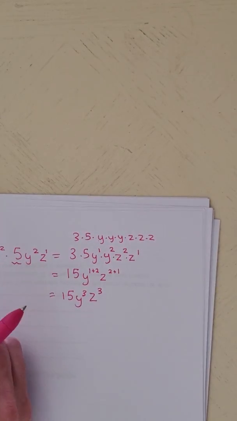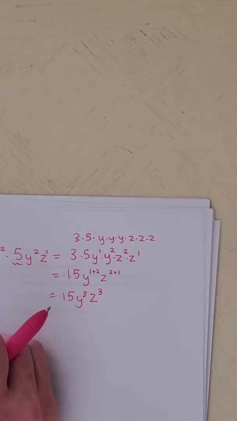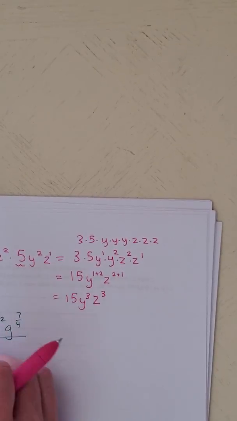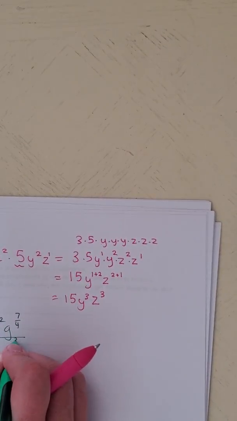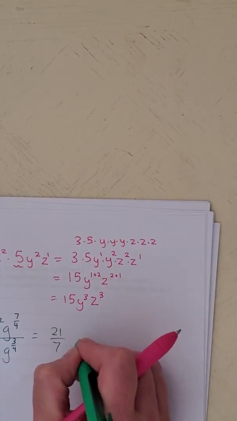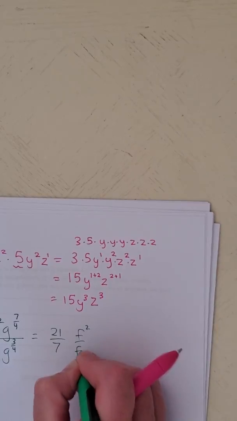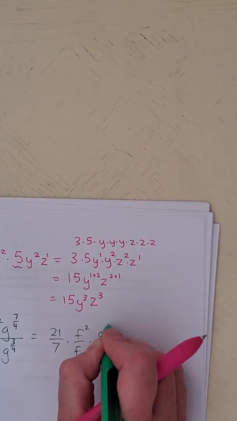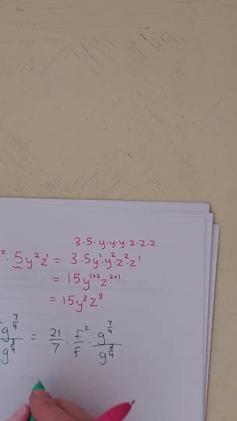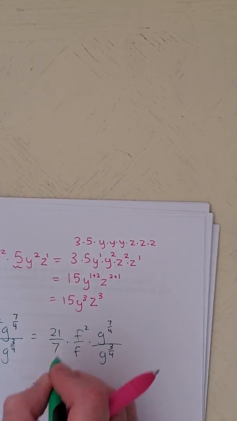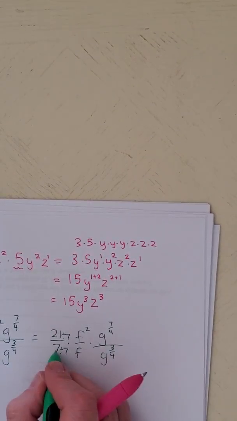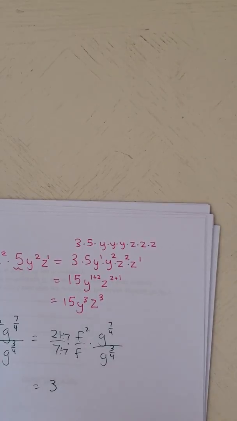Number 16, simplify 21f squared g to the 7 over 4 over 7fg to the 3 over 4. So I'll group my coefficients, I'll group my f's, and I'll group my g's. 21 divided by 7. 7 goes into both of these. 7 goes into 21 3 times and into 7 once, so I don't need to put over 1.